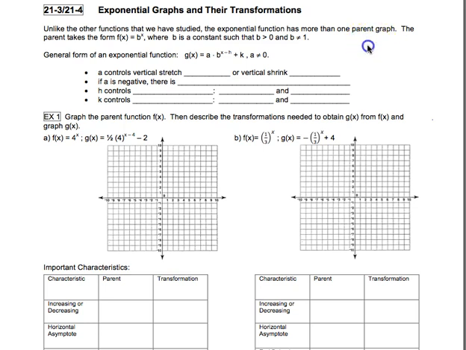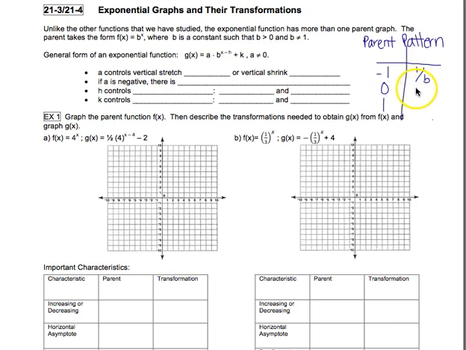So the parent pattern that you are going to need to know, we're going to write down over here. And it goes -1, 0, 1, and then 1 over b, which means the reciprocal of b.